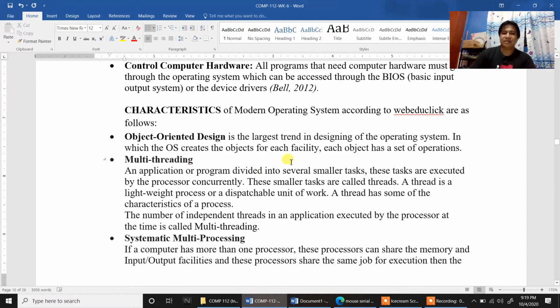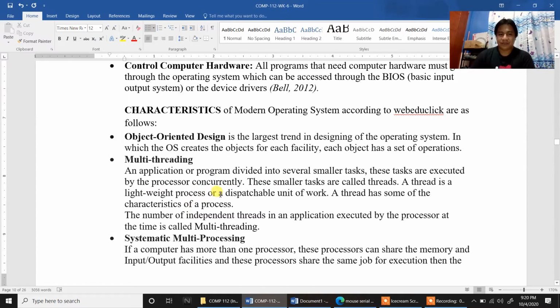So, the programs can now use object-oriented designing, like the .NET framework. Other frameworks like Laravel and any other framework you can use, using the object-oriented design.